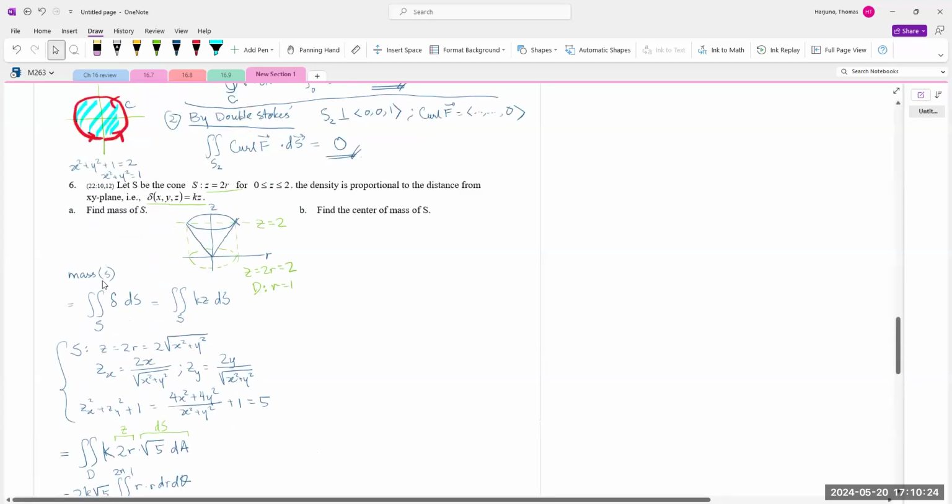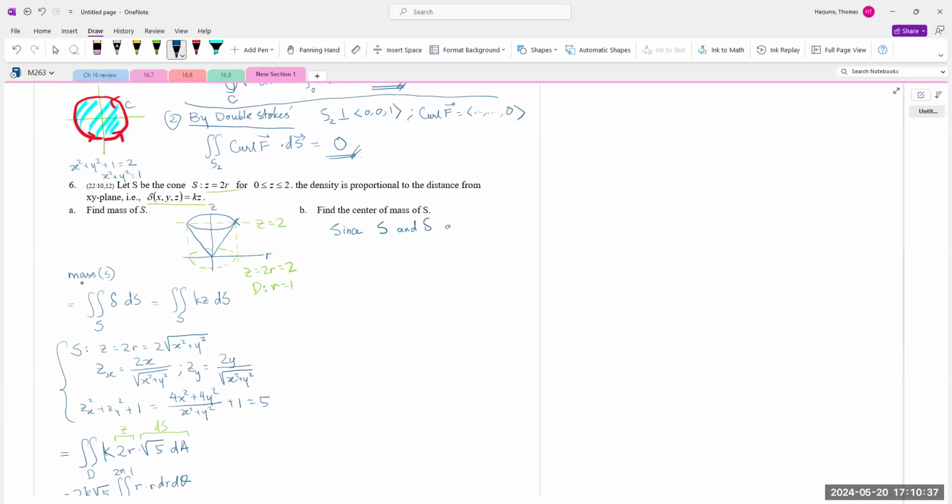If we go on, part B, find the center of mass. Well, since S, the surface, and the density are radial, radial means this: if you rotate this surface S with any degrees around the z-axis, you will get the same shape. Likewise, when you rotate the density around the z-axis, you will also get the same.